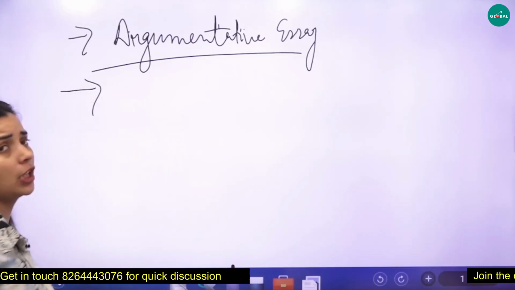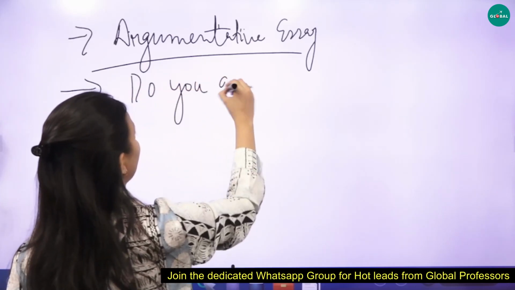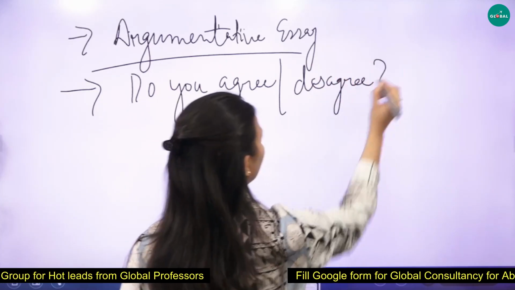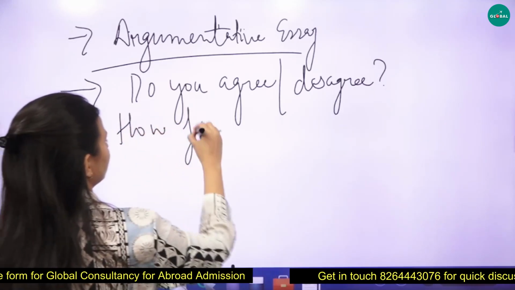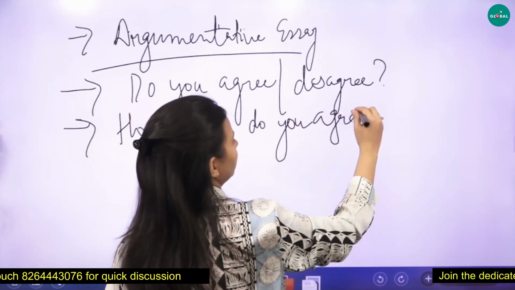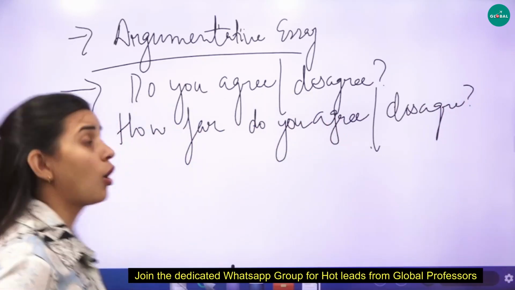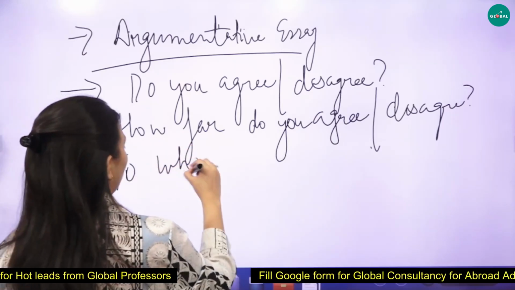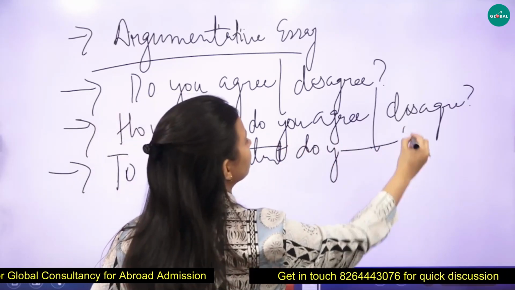There will be three kinds of statements if it is an argumentative type of essay. First is, do you agree or disagree? Right? Second will be, how far do you agree or disagree? Or you can say, to what extent do you agree or disagree, right?